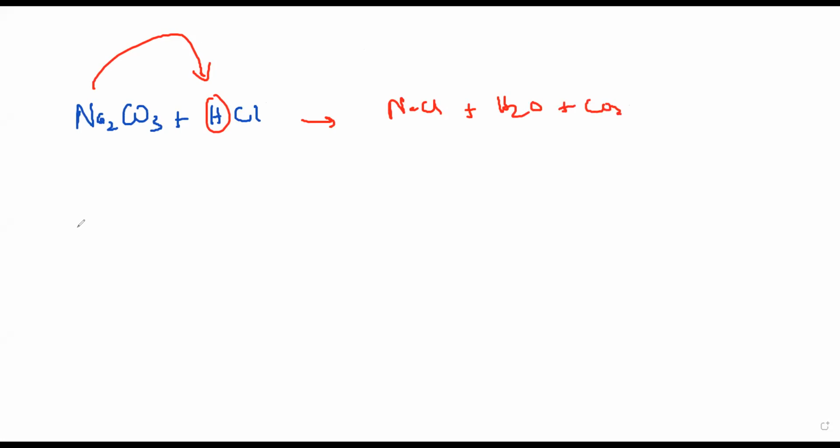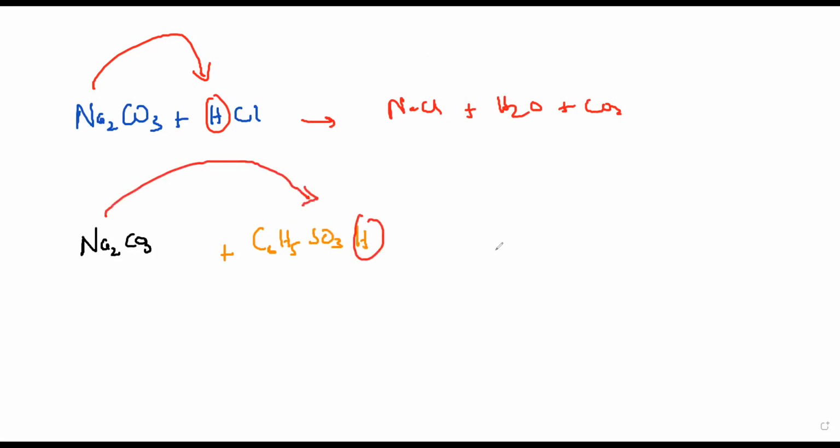Now we have sodium carbonate, Na2CO3, reacting with benzene sulfonic acid, C6H5SO3H. This H is the one which will be replaced by the metal.